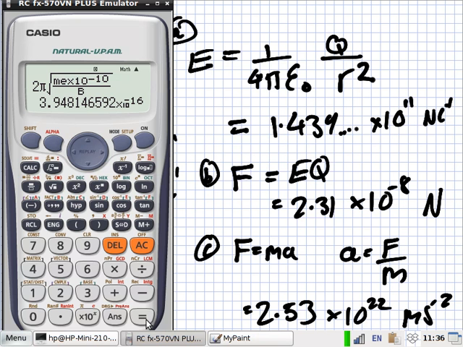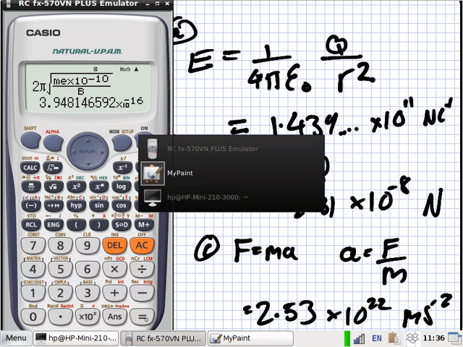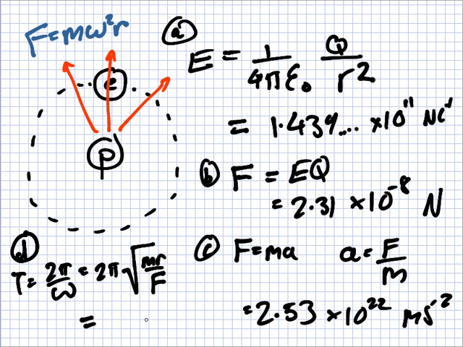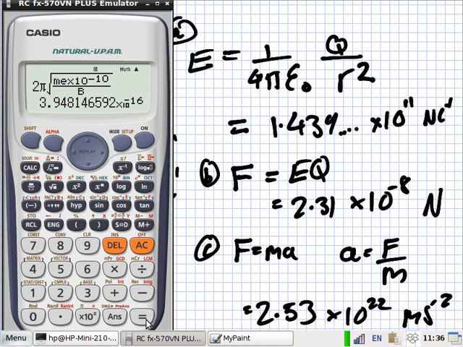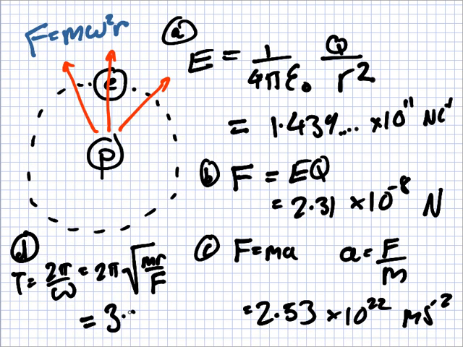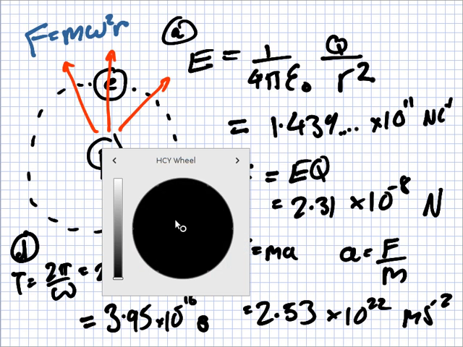That's really small. That seems too small. Did I forget something? No, I got the same thing. We got the same? Oh, then I must be right. 3.95 times 10 to the minus 16. Whoa.